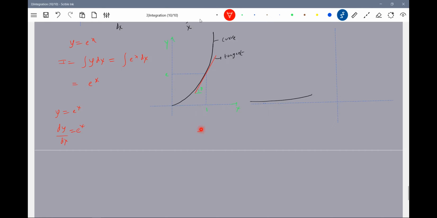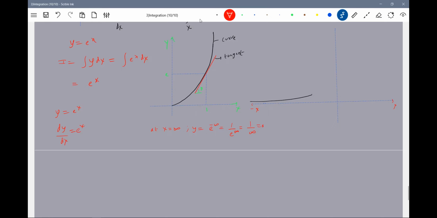So at x equal to minus infinity, what is the value of y? e to the power of minus infinity will become 1 by e to the power of infinity. e to the power of infinity is infinite, so it will be 0. Therefore, at x equal to minus infinity, the value of y will be 0.